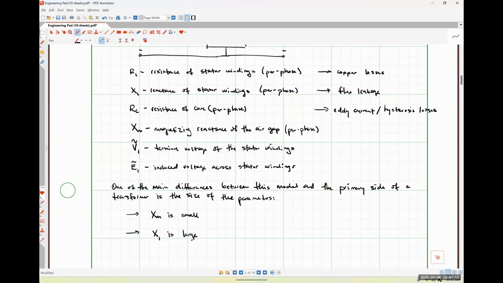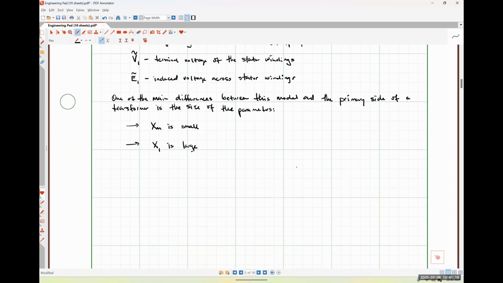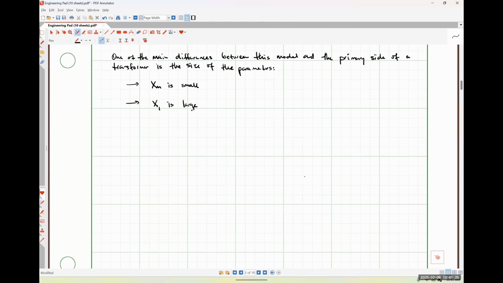All right. So now let's talk about the rotor side of things. And this is also on a per phase basis.